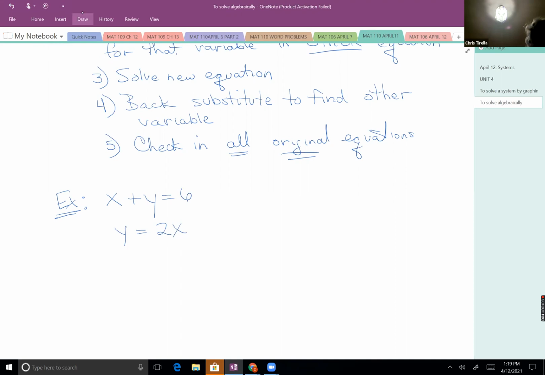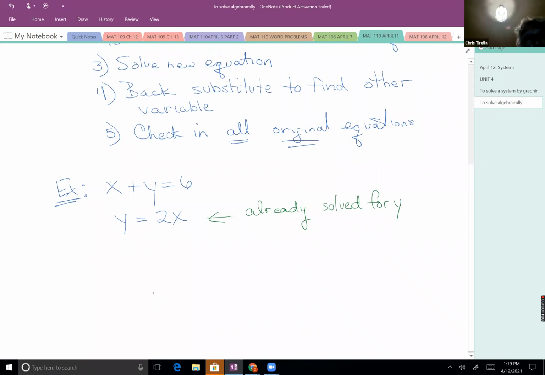What makes this a simple example is that we're already solved for y in one of the equations. And honestly, when I already have one variable solved for, that's when I'm most likely to use my substitution. So this one's already solved for y.